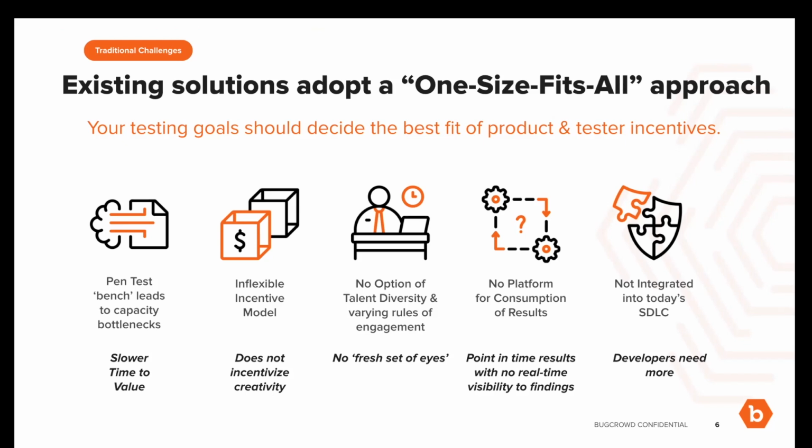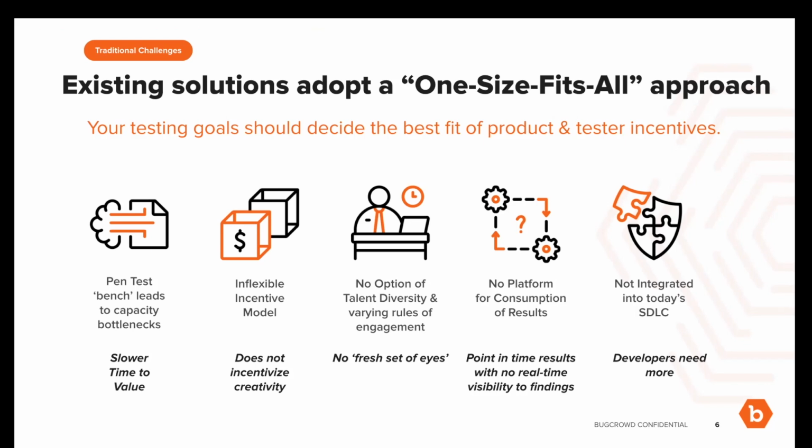And you have these levers that you can pull to figure out the best approach for your security testing. So let's talk about each one of these a little bit more. In a traditional penetration testing model, there's typically a penetration tester bench, meaning the company would have a set of pen testers.